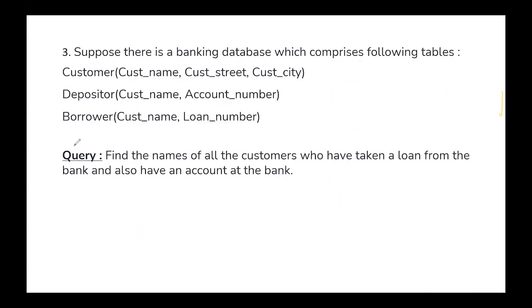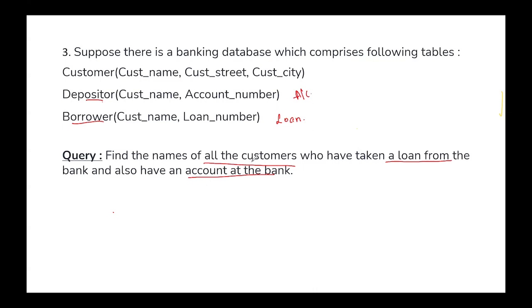Now let us move on to this query. Now that we have seen a simple one, let us make it a bit complicated. Find the names of all the customers who have taken a loan from the bank and also have an account at the bank. Now, how do you find that out? We know that a borrower is somebody who has taken a loan, isn't it? A depositor is someone who deposits money, which means he is the account holder.